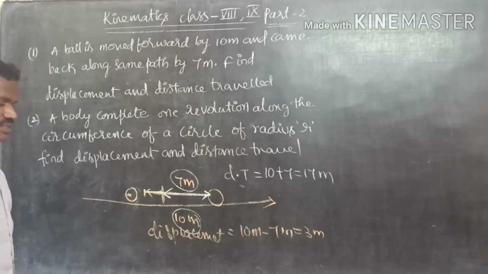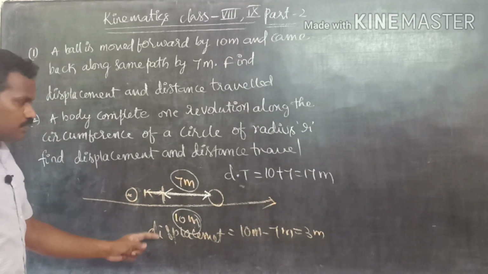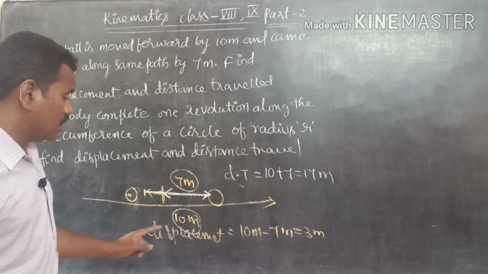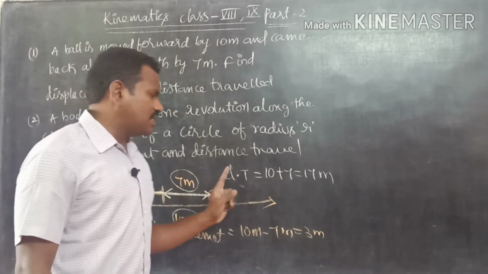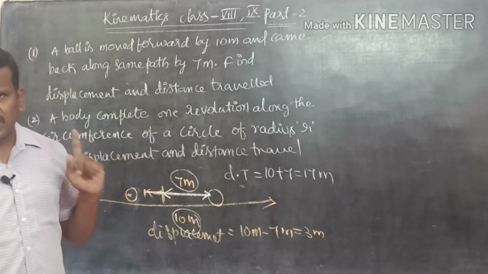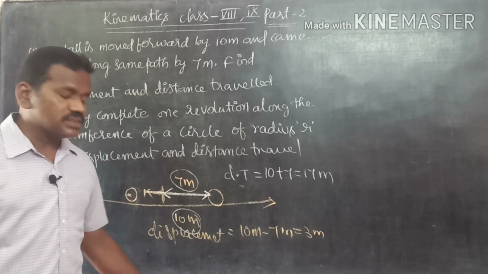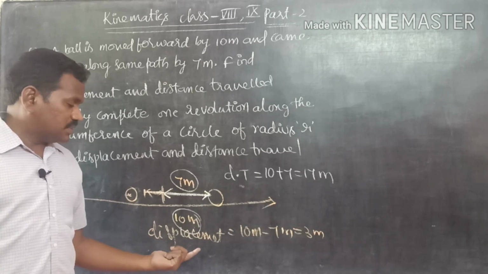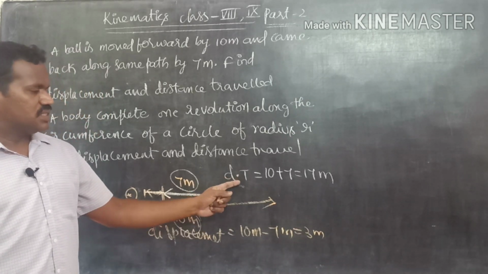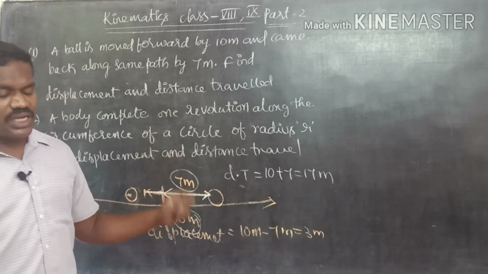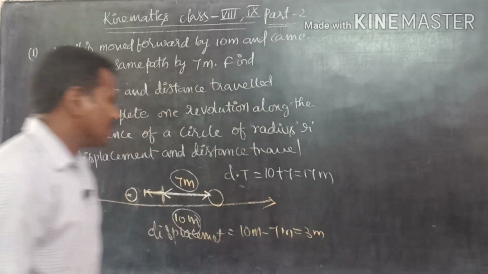This is one example of the difference between displacement and distance travel. We should understand that here displacement and distance travel are not the same, because displacement is the shortest path taken by the body, whereas distance is the total length covered by the body.